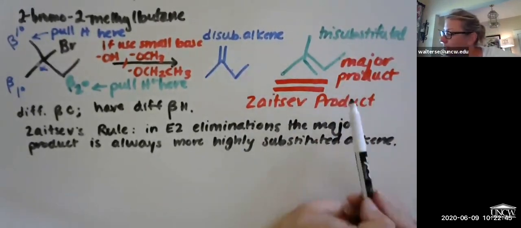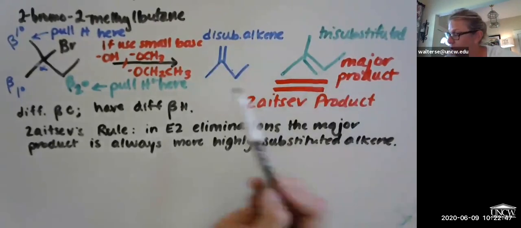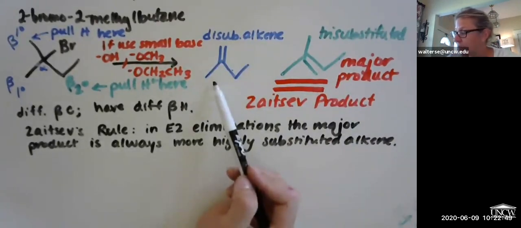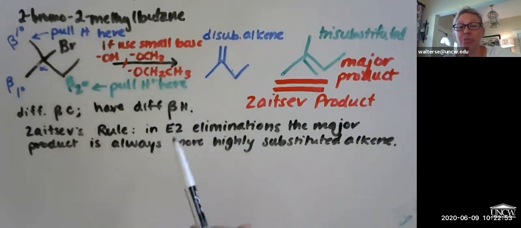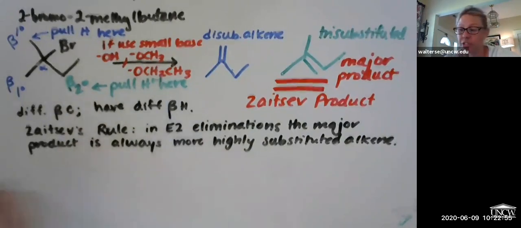So the tri-substituted is highly substituted relative to the di-substituted, but this consideration, following Zaitsev's rule, only works if you use a small base.